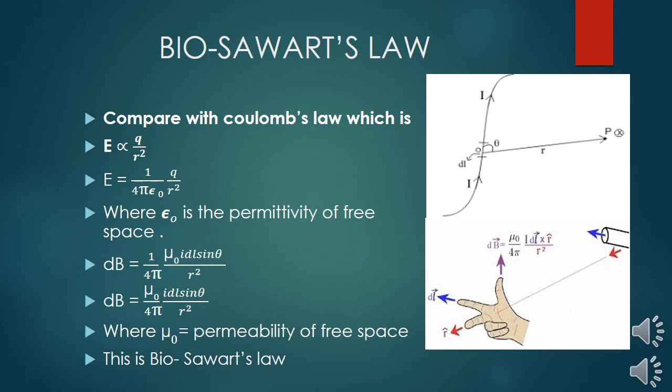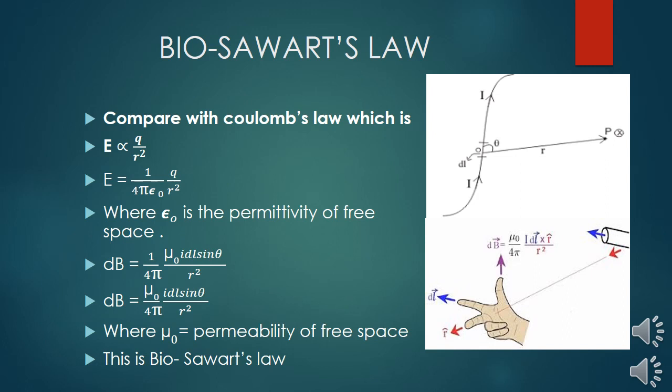So in Biot-Savart law, if we replace the proportionality, dB equals mu naught upon 4 pi, Idl sine theta upon r square. So this is known as Biot-Savart law.